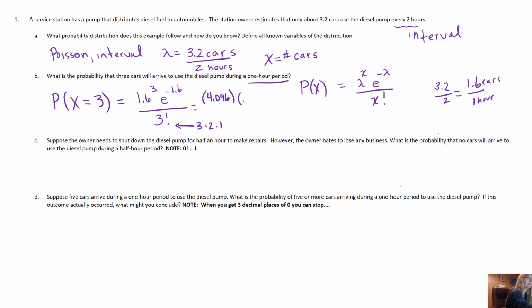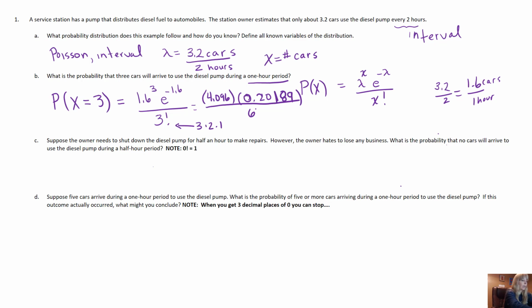I get 0.20189, and you can keep going, however many decimal places. And then I know the bottom is 6. How do I know it's 6? Because I know what 3 times 2 times 1 is.